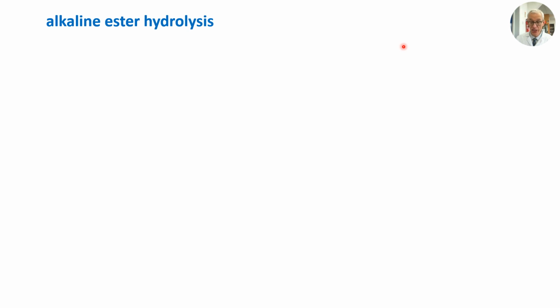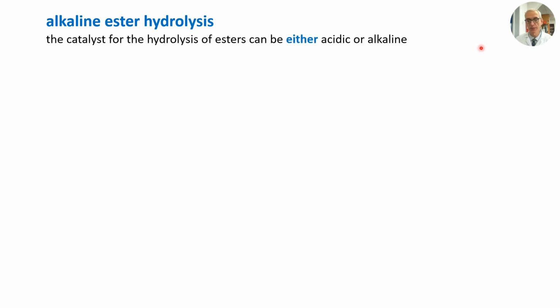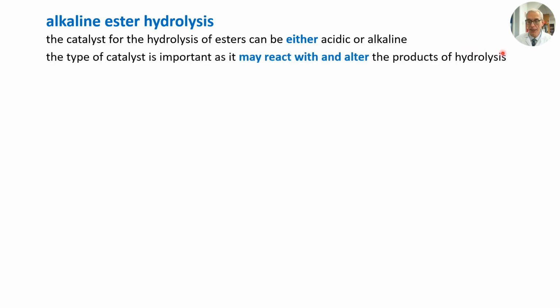We need to consider the nature of the catalyst used to carry out or speed the reaction of hydrolysis. That catalyst can either be acidic or alkaline. But there's a complication in that, be it acid or alkali, it may react with the end product of hydrolysis to change that hydrolysis product.